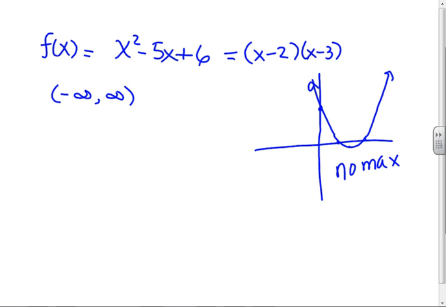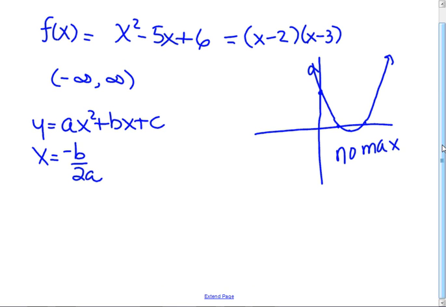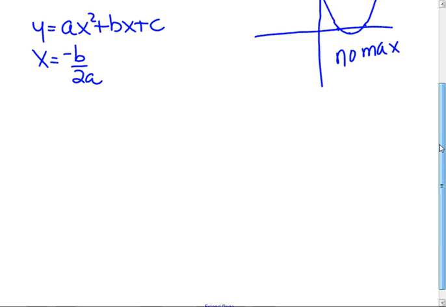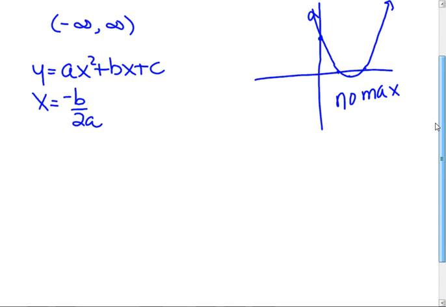Do you guys remember how to find the vertex of a parabola? Did you ever learn that the vertex was at x equals minus b over 2a? You should have. I need to talk to the teachers because you need to know that quickly for SAT, ACT stuff. Okay, but let's find out why that's what it is.